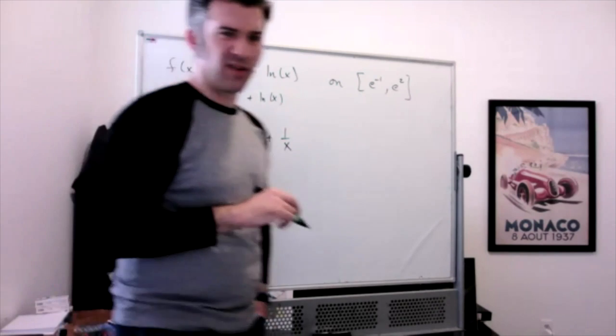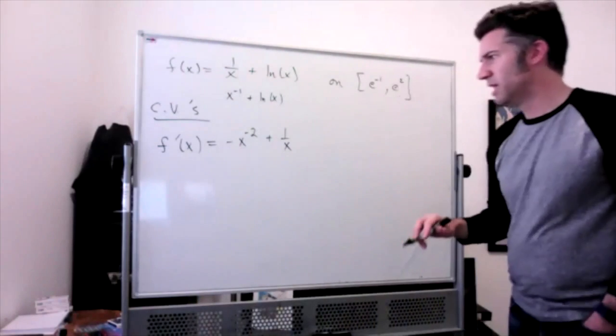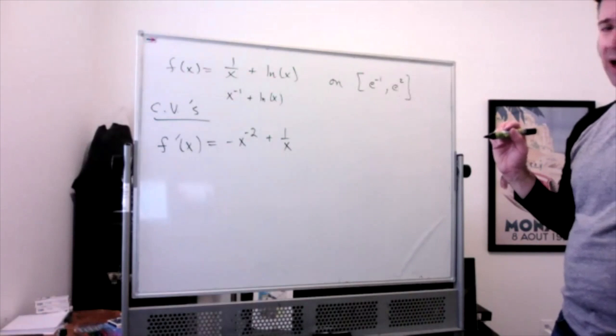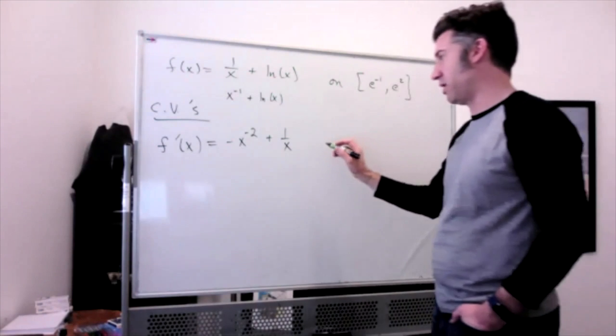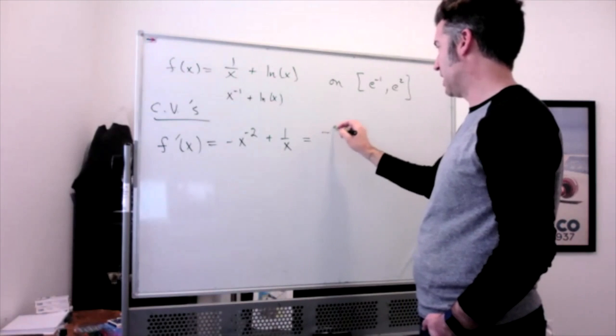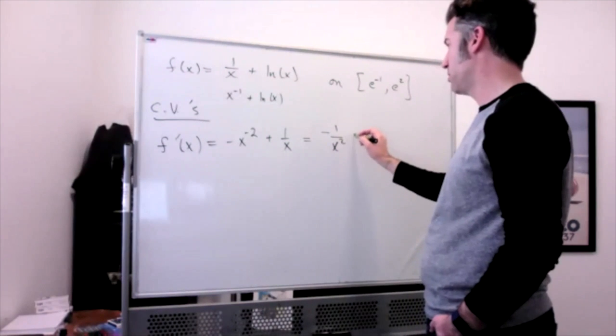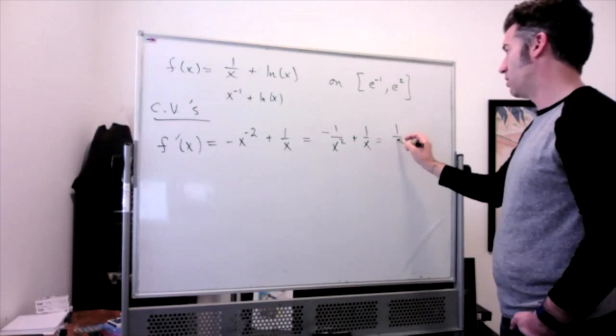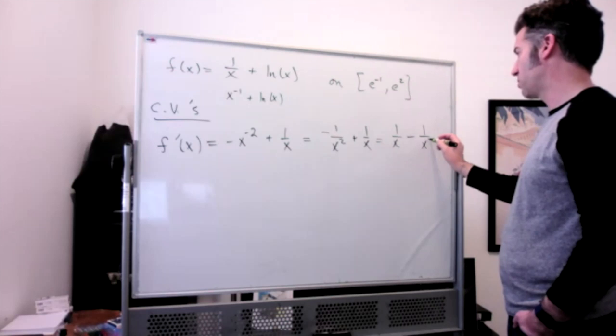I need to simplify this. I'd rewrite it as negative 1 over x squared plus 1 over x. I might even change the order to write this as 1 over x minus 1 over x squared.